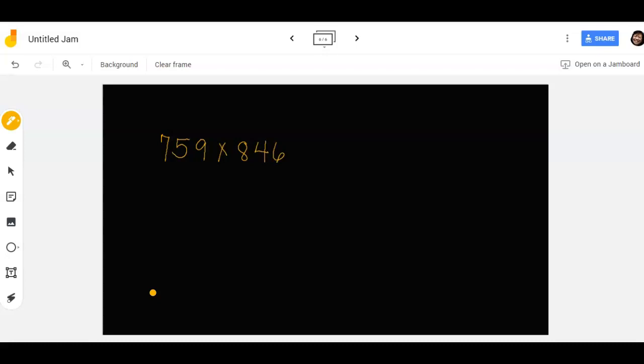But for me, I prefer my second number to be written in expanded form. So I'm going to write 846 in expanded form. That would be 800 plus 40 plus 6.